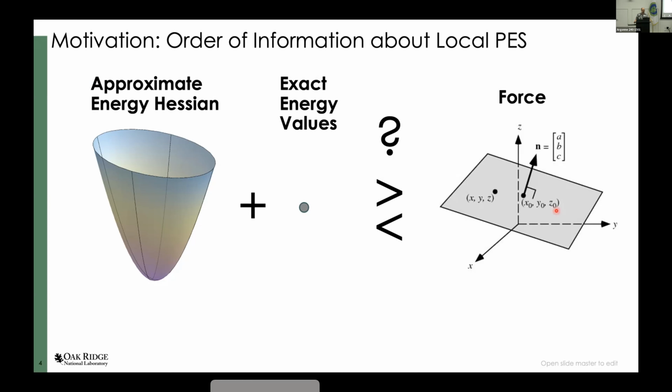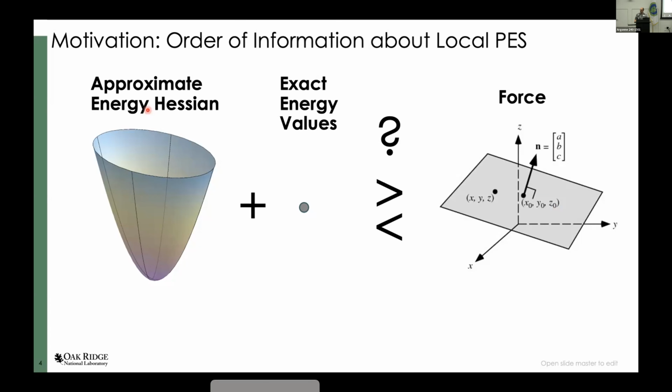There's reason to believe that it might be competitive with forces, but the advantage can be twofold. The approximate energy Hessian that I use comes from a surrogate theory, like density functional theory. DFT is often pretty close, right? You're not miles away from the mark. You're some percent away from the mark, 3%, maybe 10%.